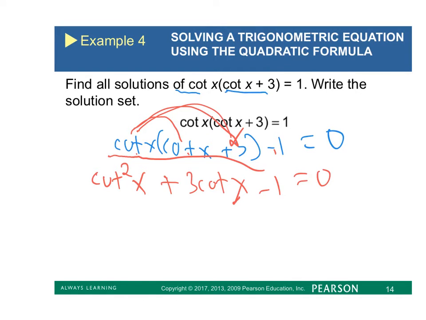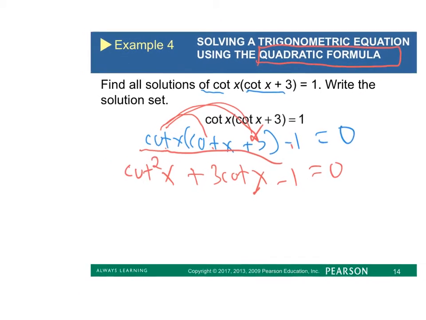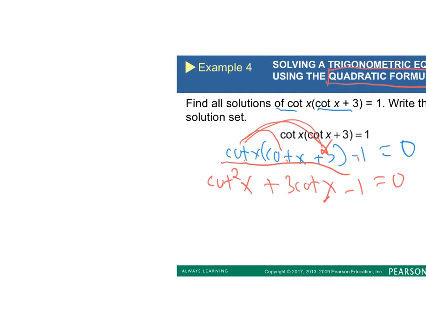Now, this is pretty beautiful. I don't know if you see the beauty in it, but guess what I'm looking at? I'm looking at another quadratic equation. Oh, look at this. He's giving me a hint right here, using the quadratic formula. That must mean if I try x squared plus 3x minus 1 is 0, it probably doesn't factor.